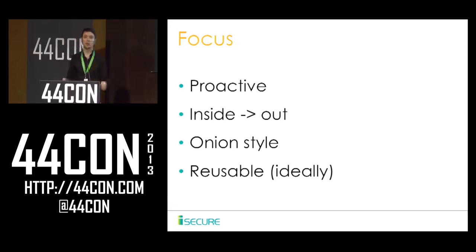And if possible, we should make these implementations reusable, because if I come up with a really good protection for something, and you have similar software that works in pretty much the same way, there's a chance you'll be able to just apply the same things there too. So that makes the scope of it wider, so to speak.